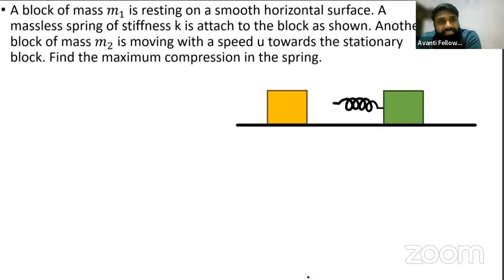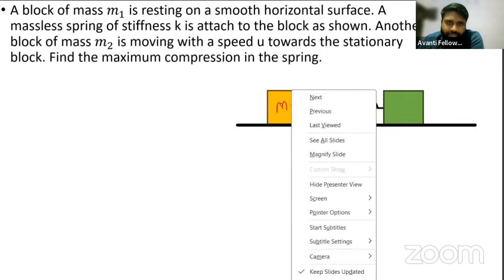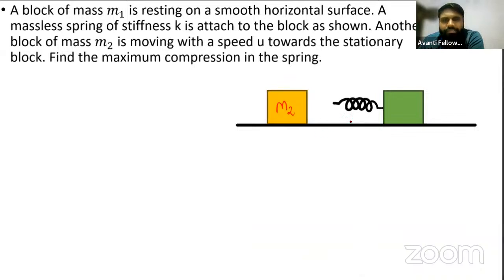A block of mass m1 is resting on a smooth horizontal surface. A massless spring of stiffness k is attached to the block as shown. This block is m1, resting on a smooth horizontal surface, and a massless spring of stiffness k is attached to it.